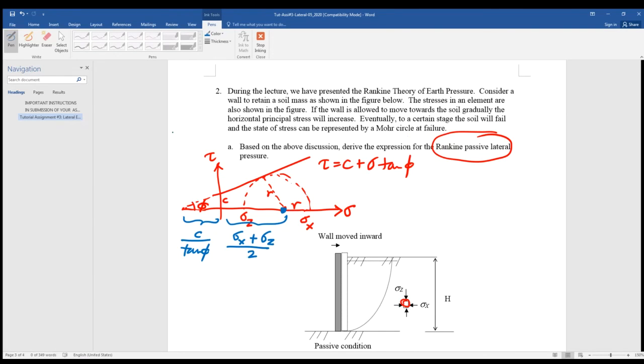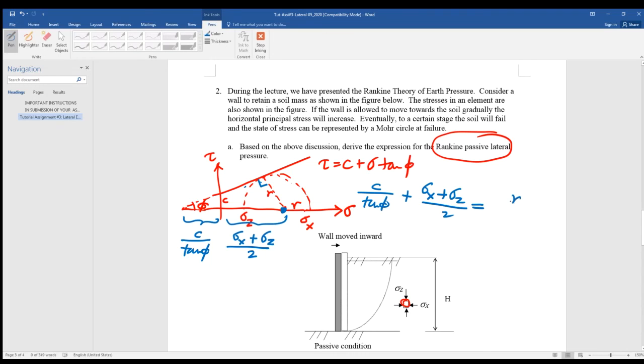So consider this right angle triangle. What's the relationship between the R and this length, the hypotenuse of the right angle triangle? So simply C over tangent phi plus sigma X plus sigma Z divided by 2 equals to what?